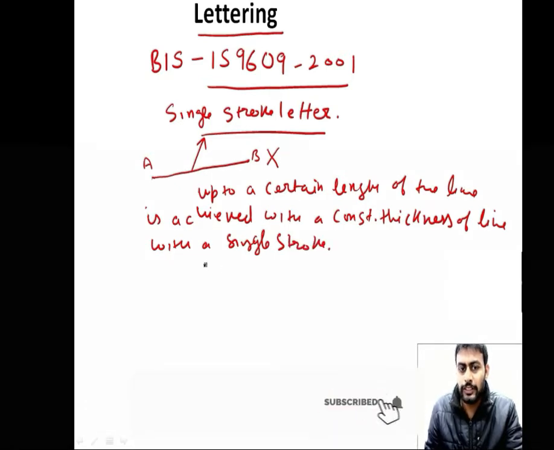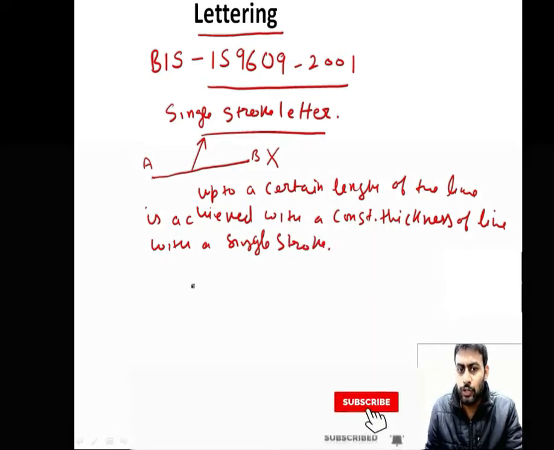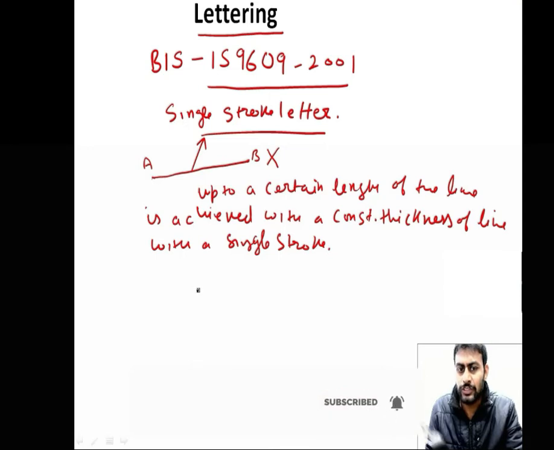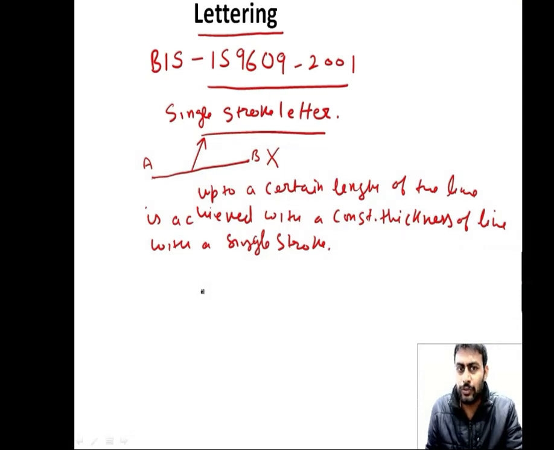It means that up to a certain length you have to achieve a constant thickness of a line. It is termed a single stroke letter. How can we represent this?